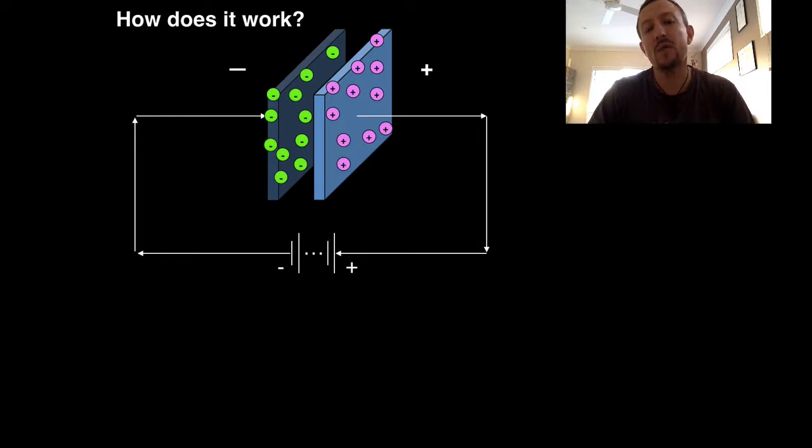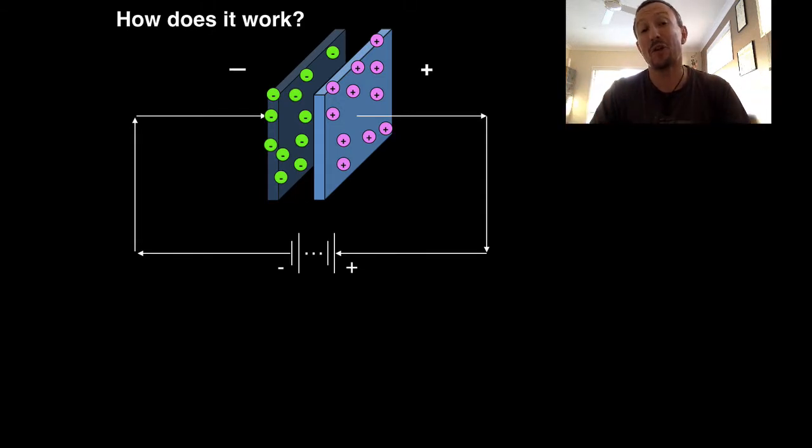Now, if we then remove the power supply and link it to another circuit, the negative charge on the left-hand side will want to fly through and move to the positive plate, where there's a lack of electrons, due to the repulsive forces. By controlling the speed at which those electrons move, we control how quickly that energy flows.